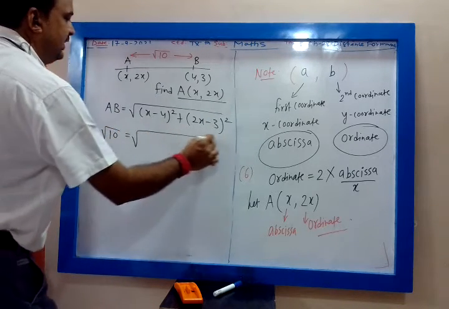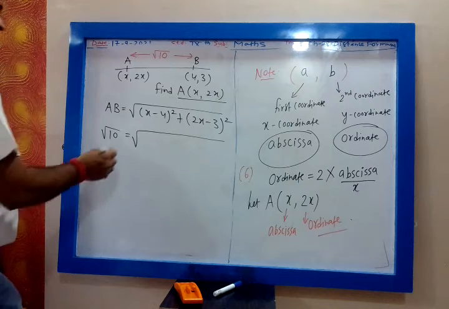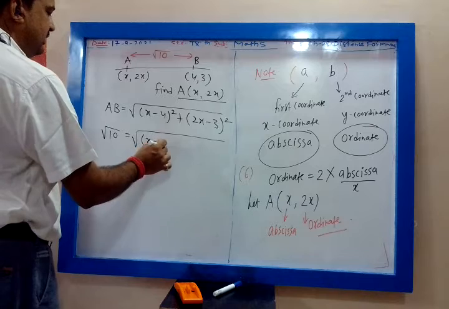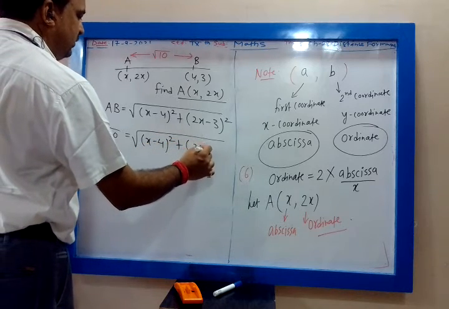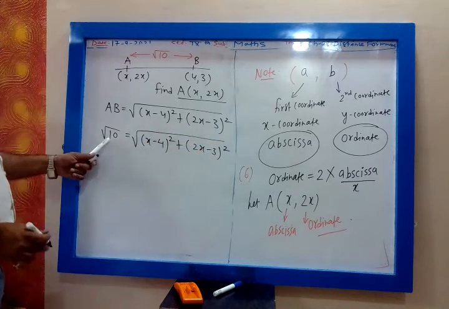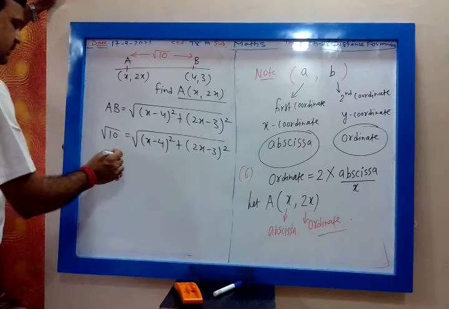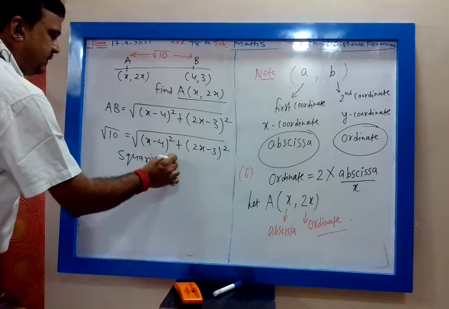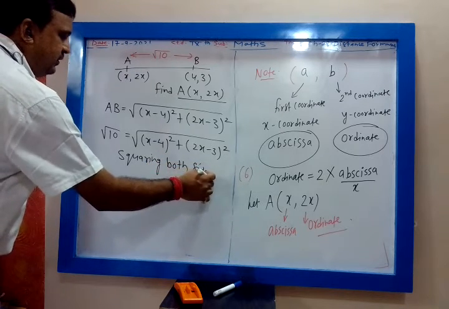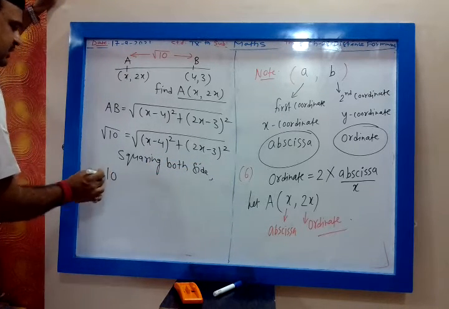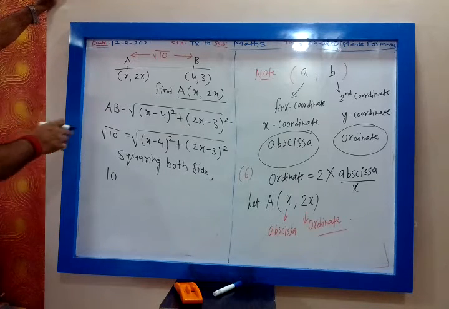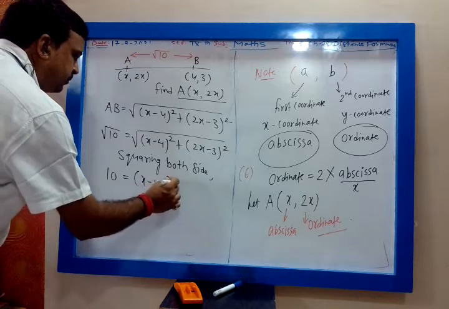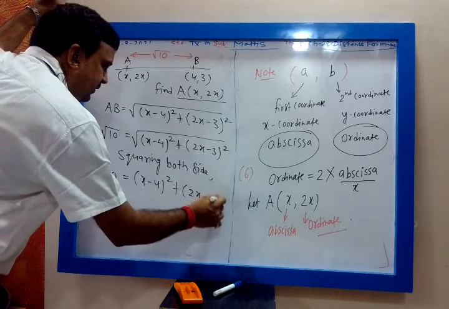Now there is a square root sign on both sides, so squaring both sides, root 10 square will be 10 and the square root sign will vanish. 10 is equal to (x minus 4) whole square plus (2x minus 3) whole square.